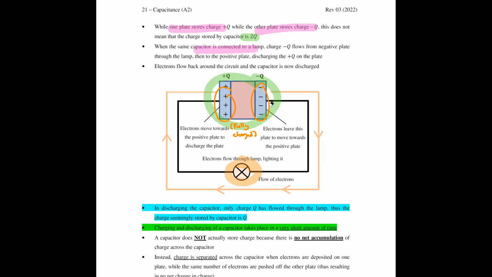What will happen is this: if you just consider the flow of electrons alone, because this plate here is negatively charged, you can consider this side to be at lower potential. But on the other plate here, this one is positively charged. You can consider this to be higher potential.